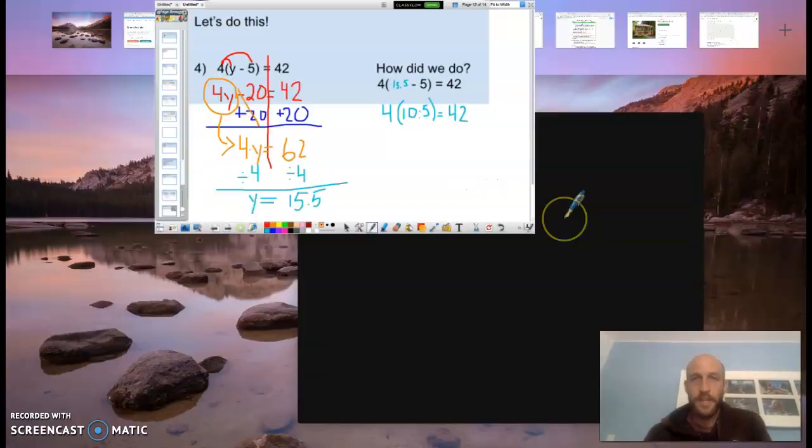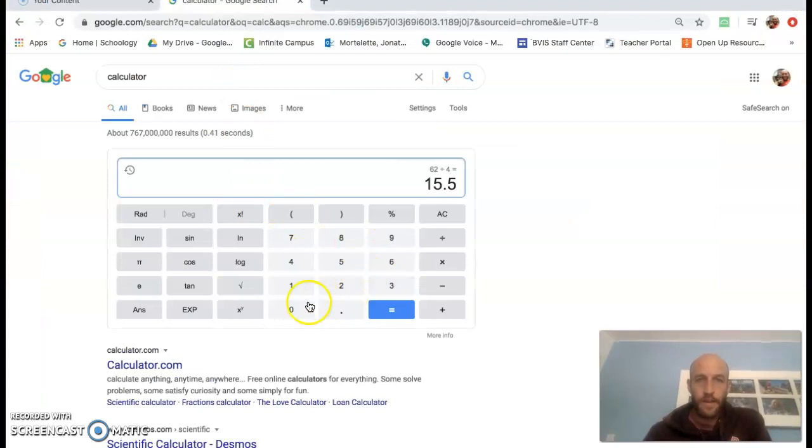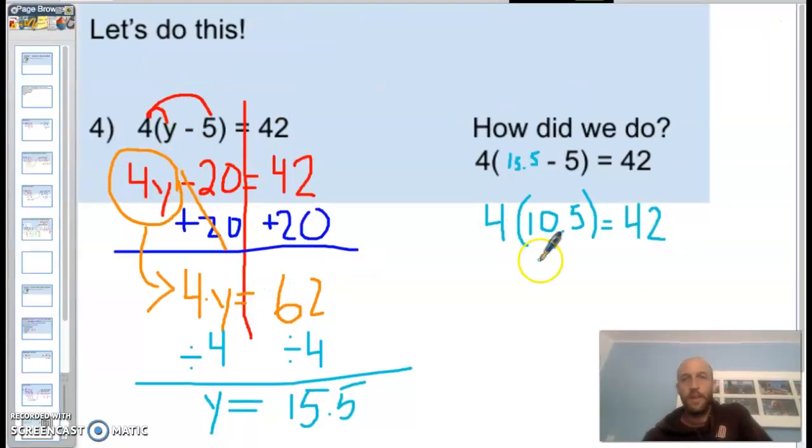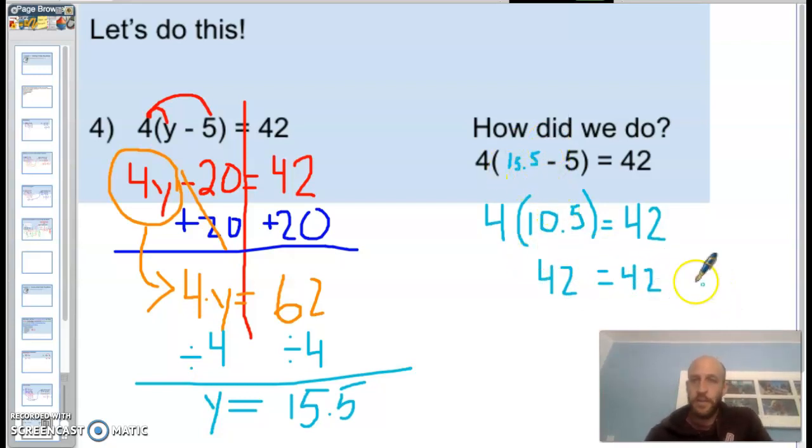So 4 times 10.5. Let's do that here. 4 times 10.5 is in fact 42. So I have 42 here equals 42. That means my hanger is level when I have my answer, which means I am correct, and we're good to go.